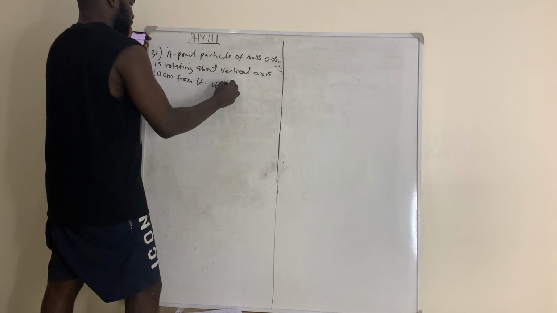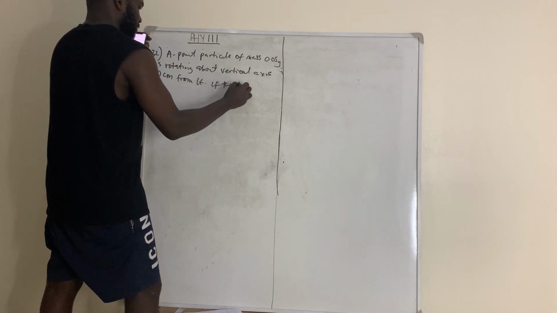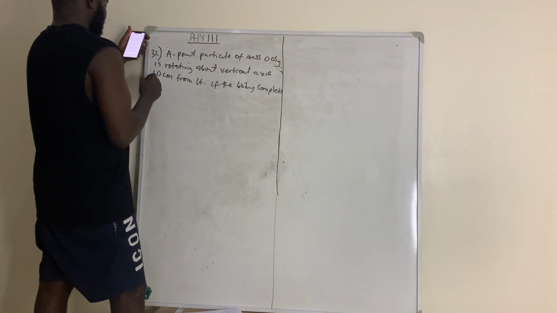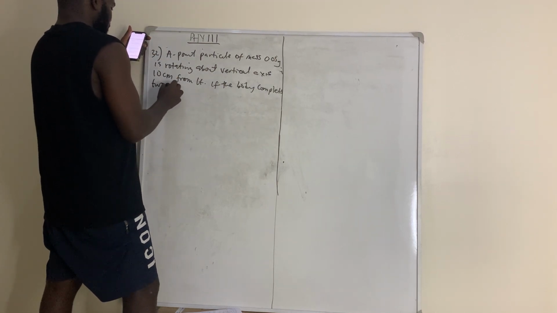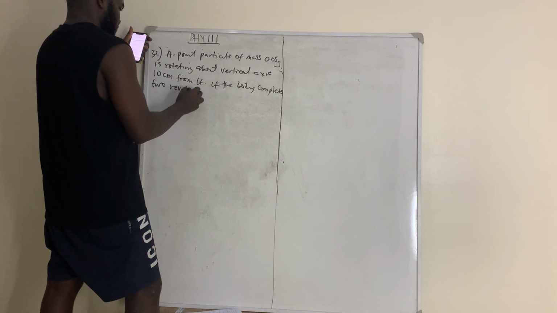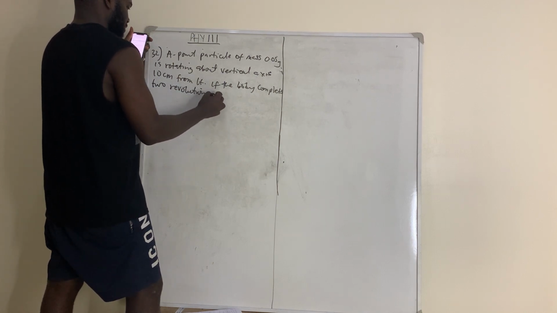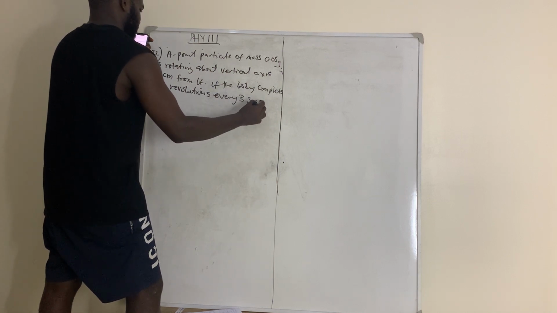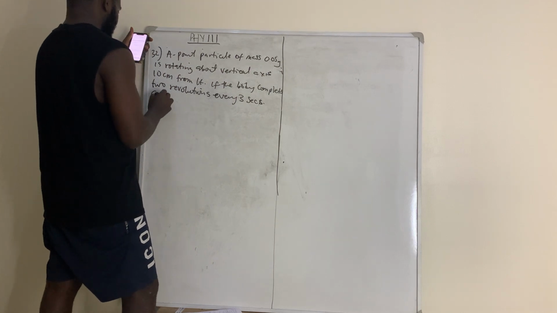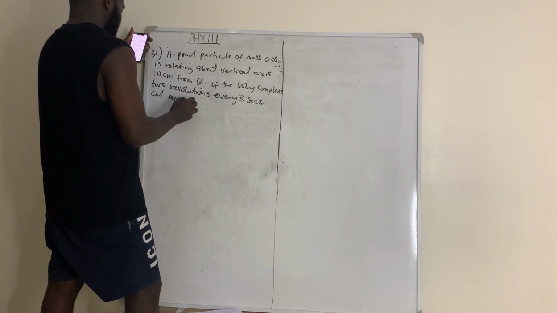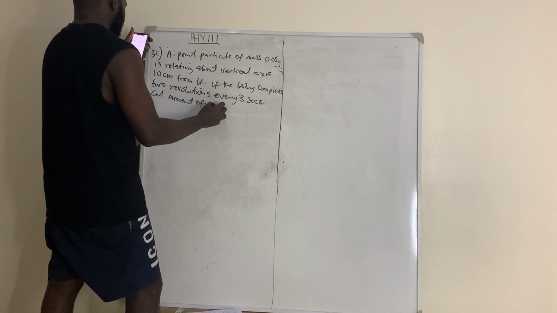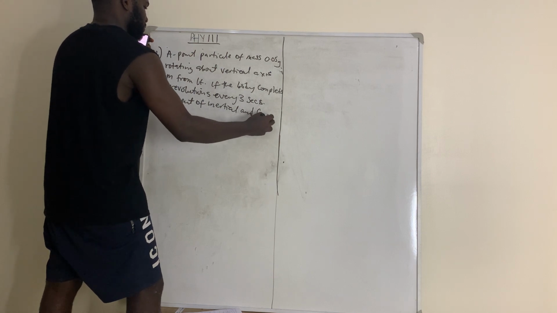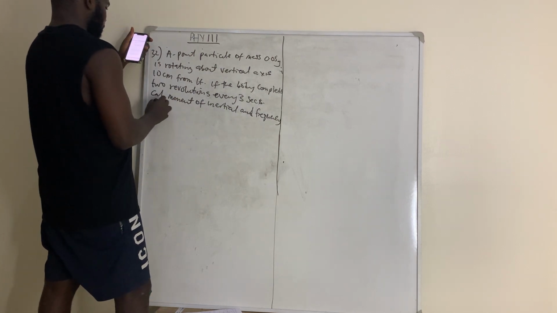If the body completes two revolutions every 3 seconds, calculate the moment of inertia and the frequency of rotation.